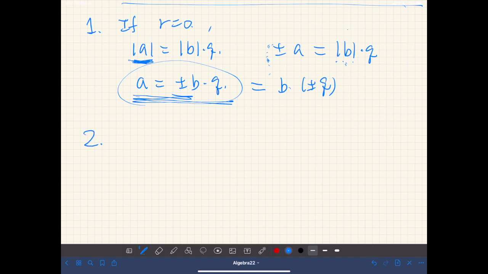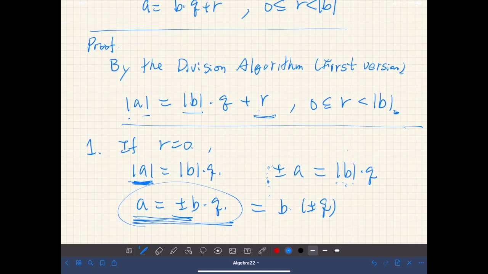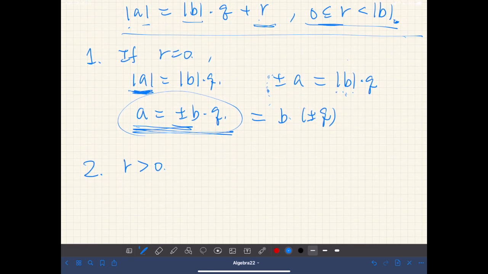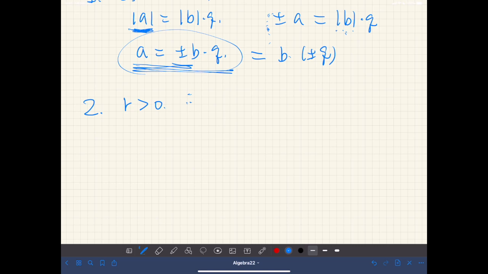And second case, if r is positive, that is, r is supposed to be non-negative, so these two cases are all there are. In this case, we consider several subcases.